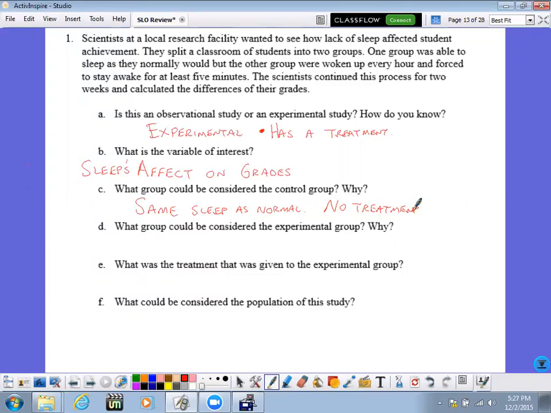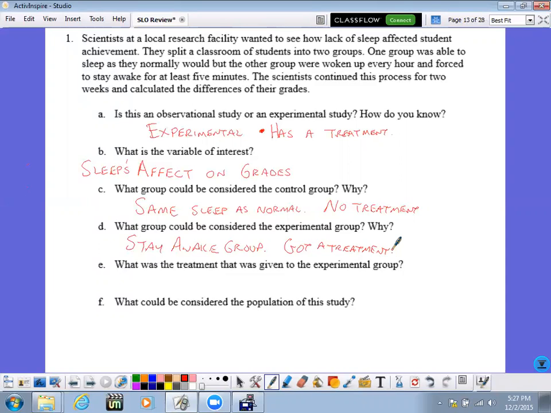The next one, which one's considered the experimental group? That's the stay awake group. Why? They got a treatment. Remember, your experimental group is the group that gets a treatment. So no change for the control group. Experimental group gets the change, and the test is to see if the change works.